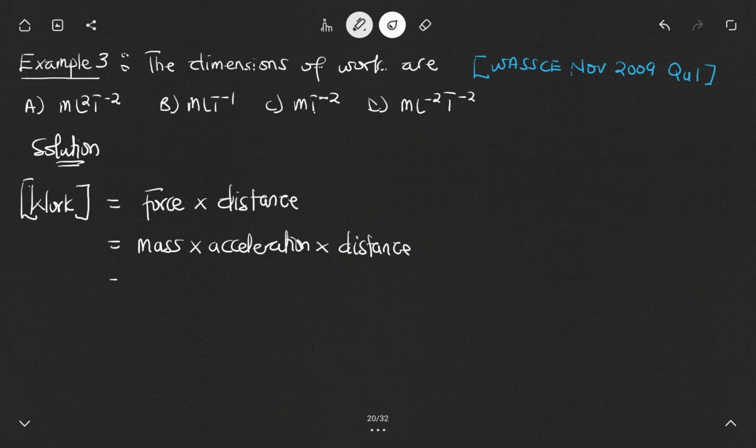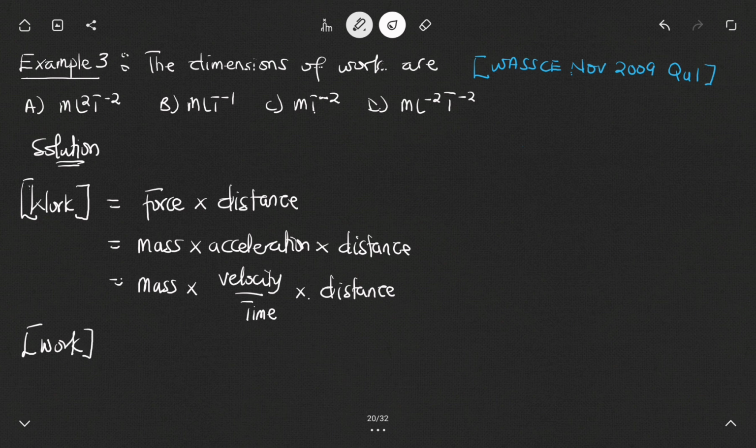If you know that of acceleration, which is LT minus 2, you can proceed from here. If you don't, you can still break it down further as mass, then acceleration, which is velocity over time, then multiplied by distance. At this point, you should know that the dimension for velocity is LT minus 1, so you should be able to apply it straight ahead. So I will not break it down further. I'll just continue from here and apply the dimension to all of them.